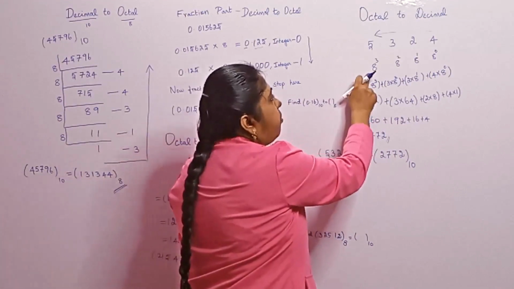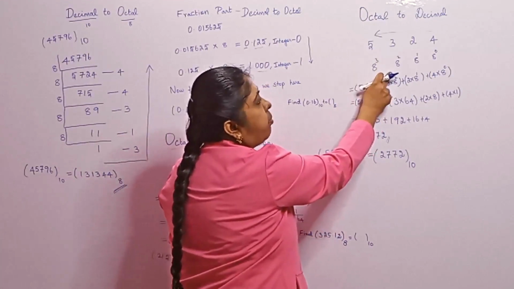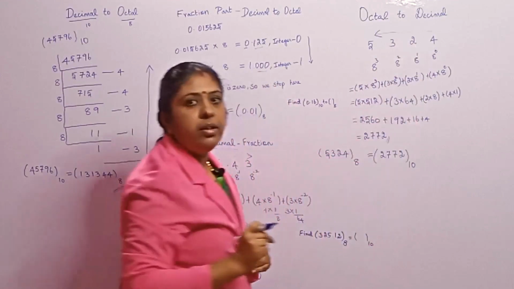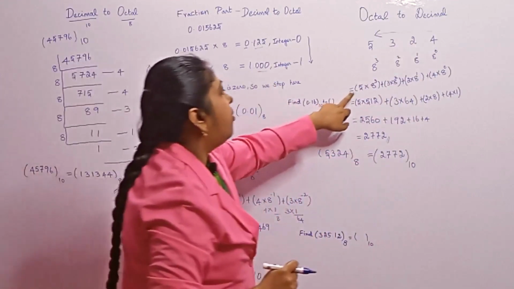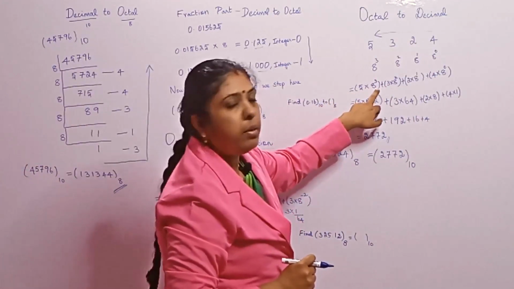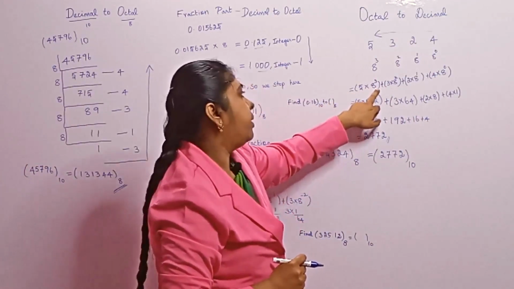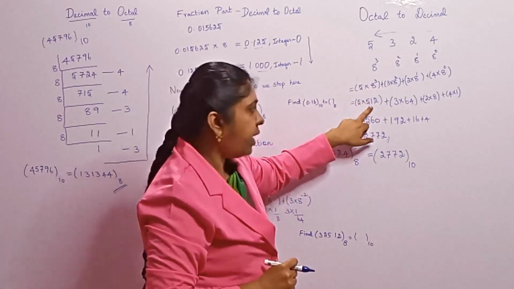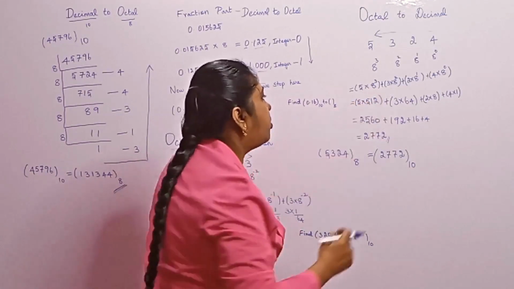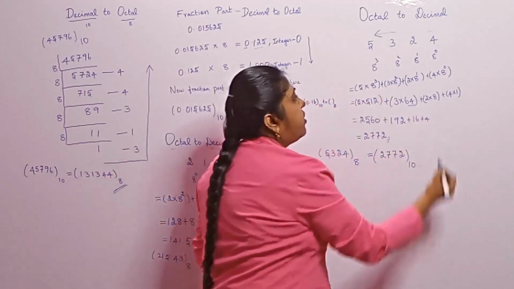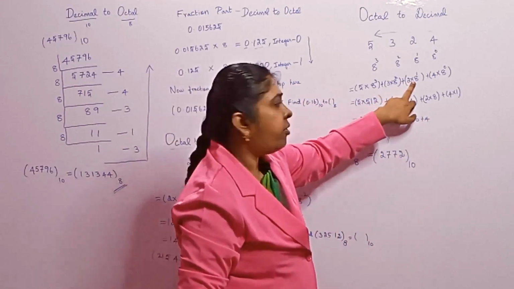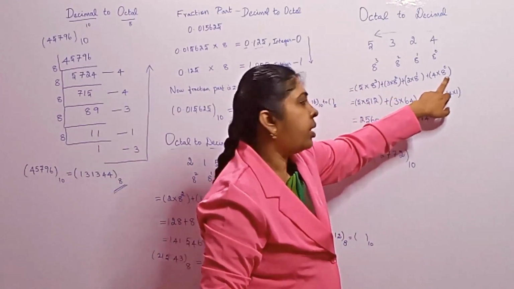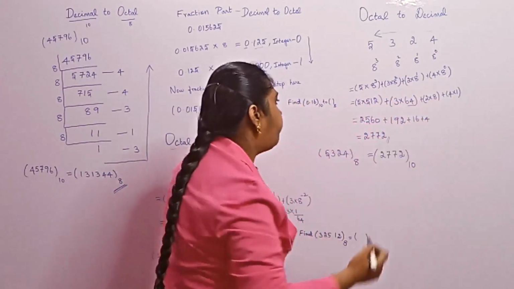So 5 into 8 power 3 plus 3 into 8 power 2 plus 2 into 8 power 1 plus 4 into 8 power 0. 5 into 8 power 3: 8 into 8 into 8. 8 into 8 is 64, 64 into 8, we get 512. 3 into 8 power 2 gives 3 into 64. 2 into 8 power 1, 2 into 8. 4 into 8 power 0, 8 power 0 represents 1, so 4 into 1.